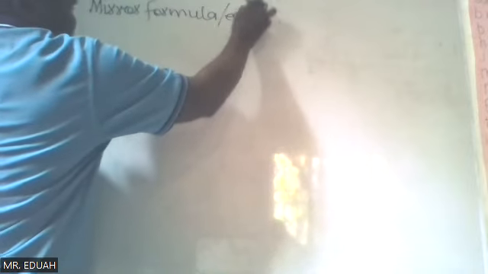We define the mirror formula or equation as a mathematical expression that relates the object distance, image distance, and the focal length of the mirror.